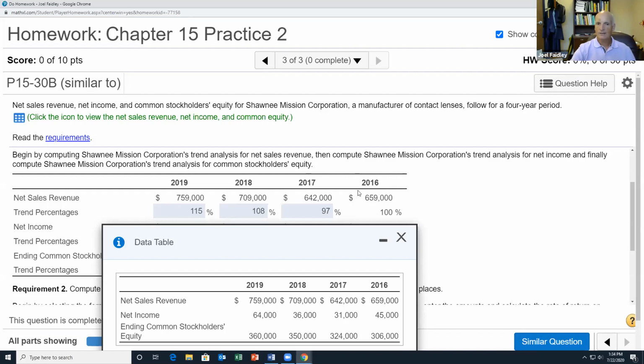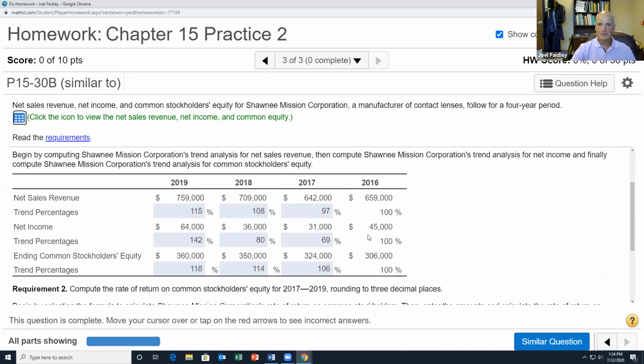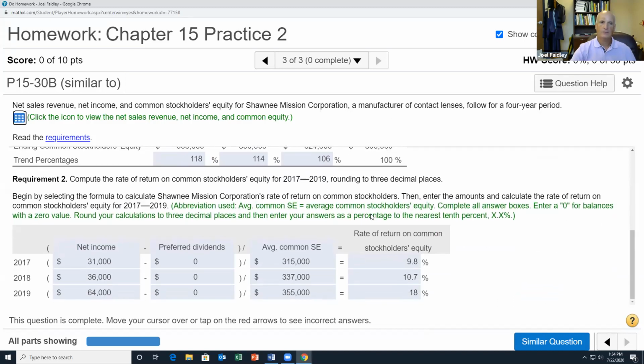What's 2017 compared to 2016? It's 97%. 642 divided by 659 is 97. What's 709 divided by 659? 1.08. What's 759 divided by 659? 115. So you're using base year for each of these is 2016. That's the difference between trend analysis and horizontal analysis.